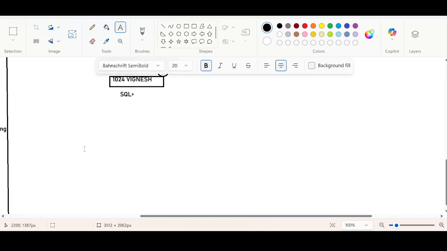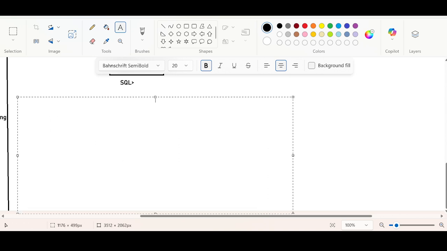Please be informed that by using equijoins or inner joins, we are retrieving matching rows only.